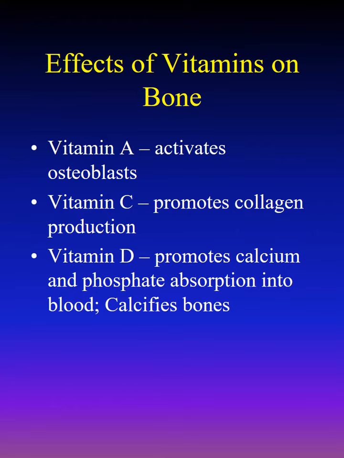And so problems with deficiencies with vitamin D occur with rickets, where the digestive tract is unable to absorb calcium and phosphorus and does not lead to then the formation of bone.